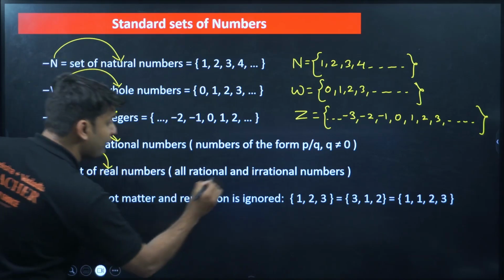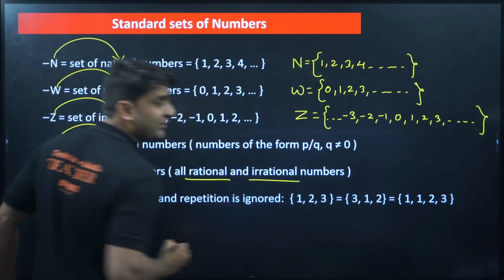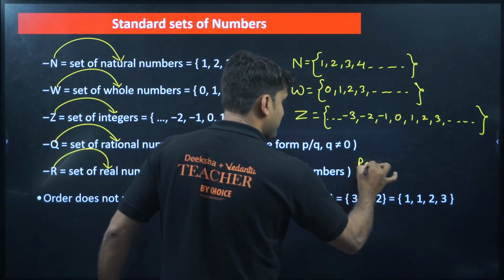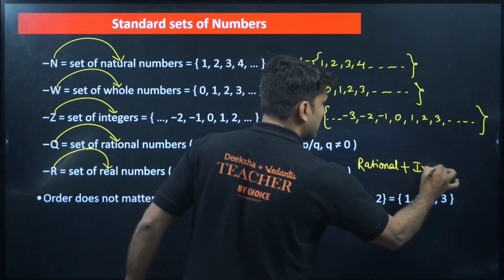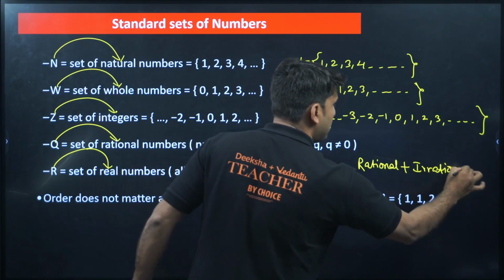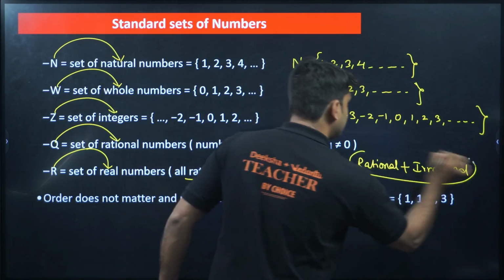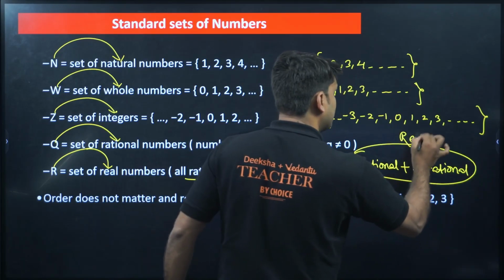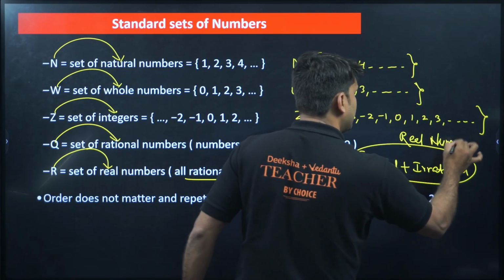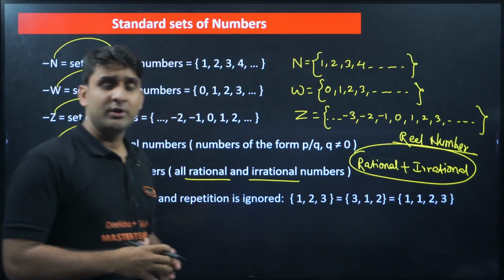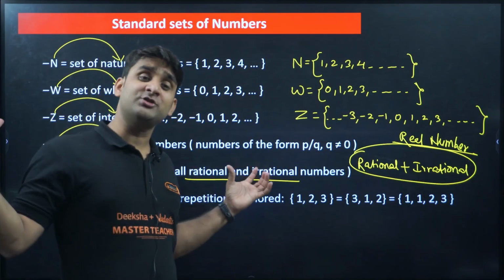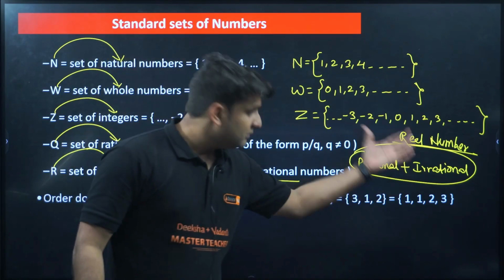The collection of all rational plus irrational numbers. All the rational plus irrational numbers will give you real numbers. This is the real number set, the combination of all rational and irrational numbers.